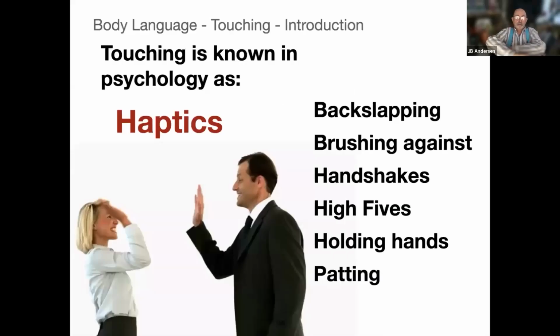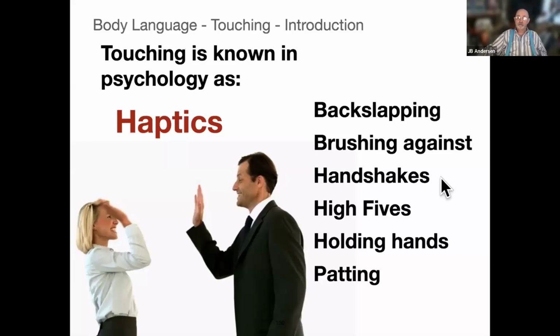Touching. In psychology, the study of touching is known as haptics, and it can involve a whole lot of different things. Backslapping, hey, how's it going? And people frequently do that. You brush against a person. That shows that you're liking the situation. You shake hands. That's another way that people touch.